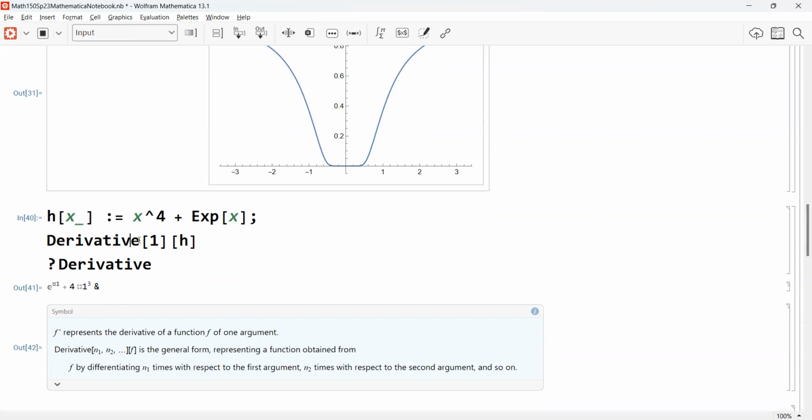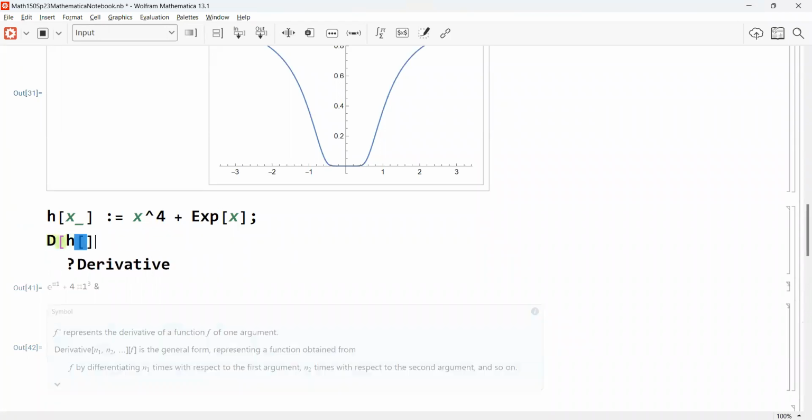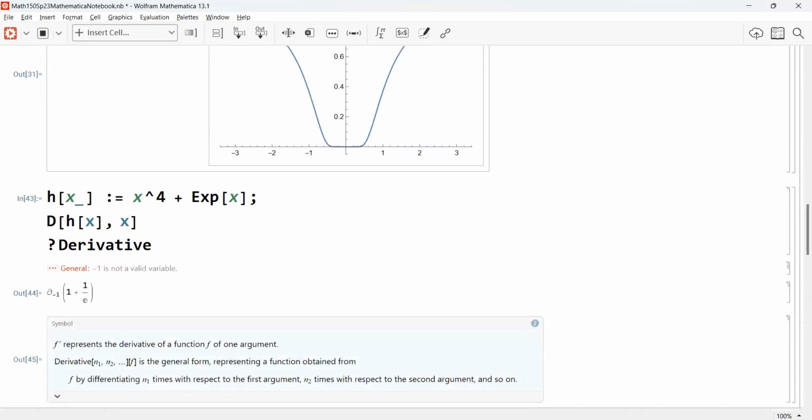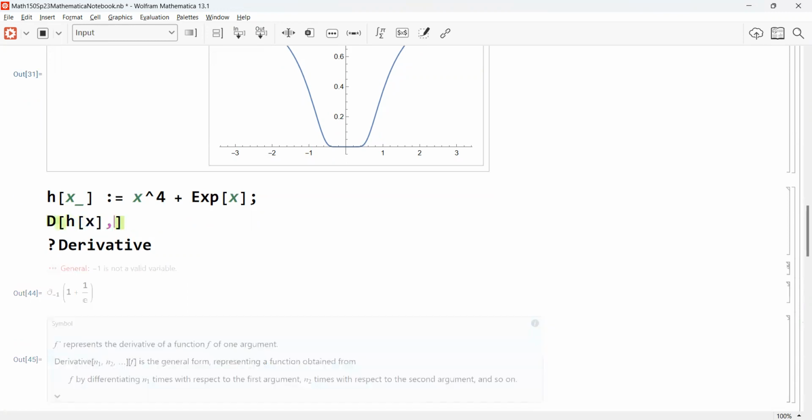So using the word Derivative is not the way that we want to take derivatives of functions. Mathematica understands that you're probably going to want to take a lot of derivatives. So they just have the big capital letter D stand for differentiator, take the derivative. So if I just do D of my function h of x as a function of x, I should have put the x there.